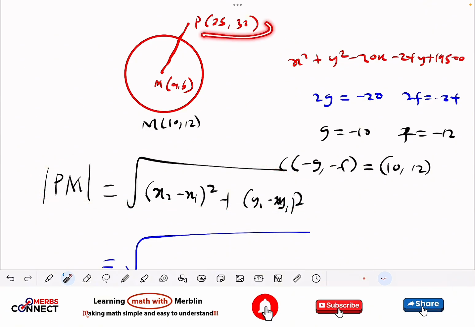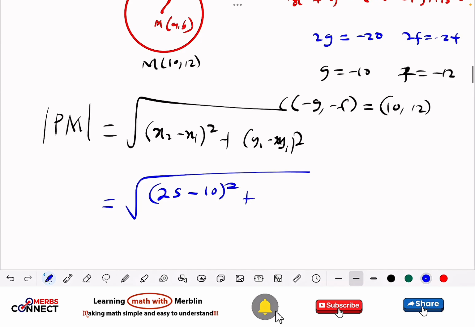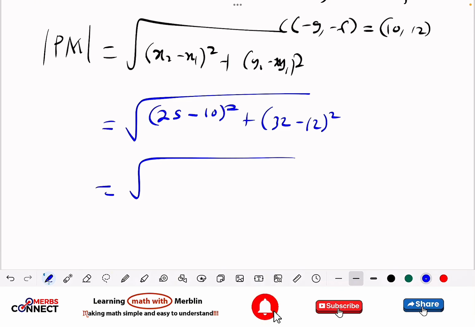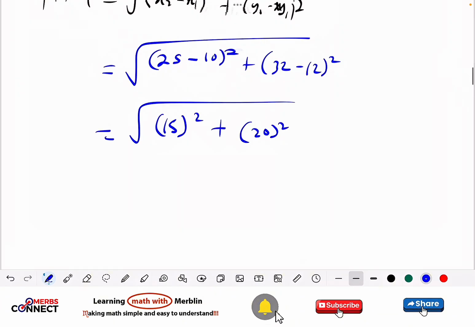So let's use this one as x2, y2. So I'm going to have 25 minus 10 squared, then plus 32 minus 12 squared. So this is going to give us 15 squared plus 20 squared. Of course, yes. What is 15 squared?